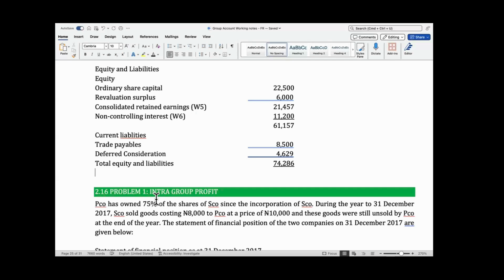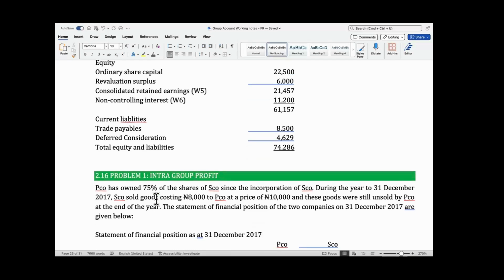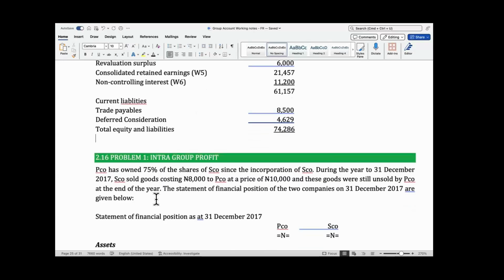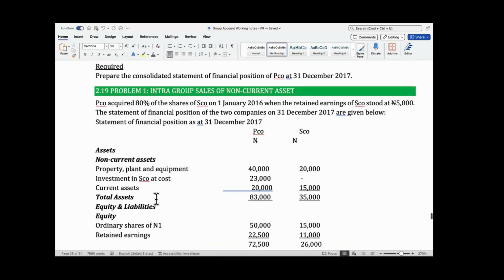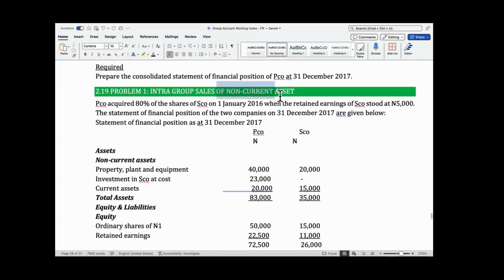Now, there's a particular one relating to non-current assets. That one just requires a little application, in the sense that if they sell non-current assets to one another and make profit, cancel it out.